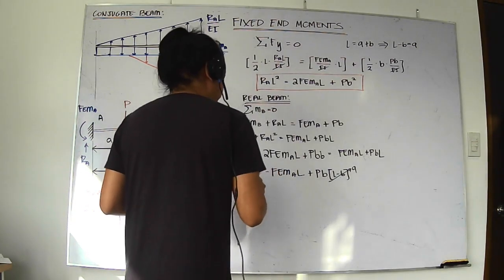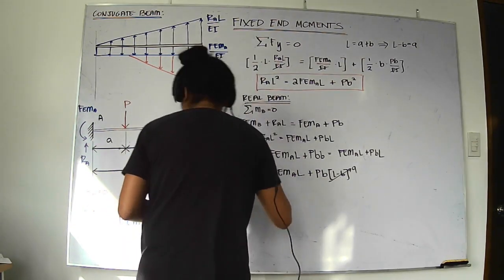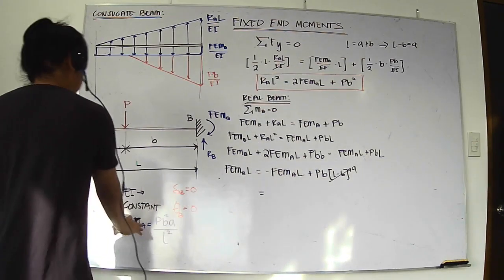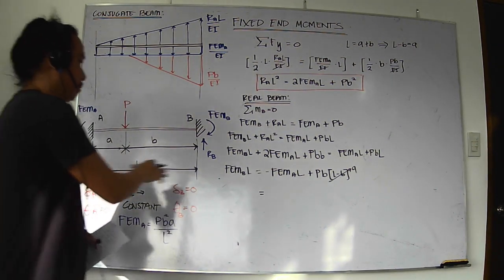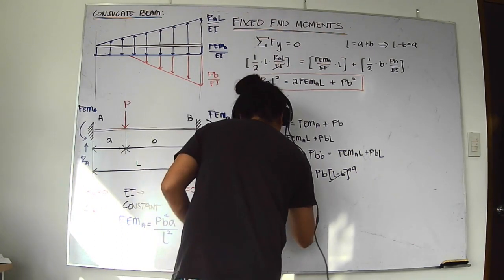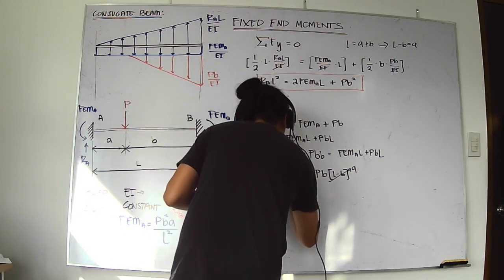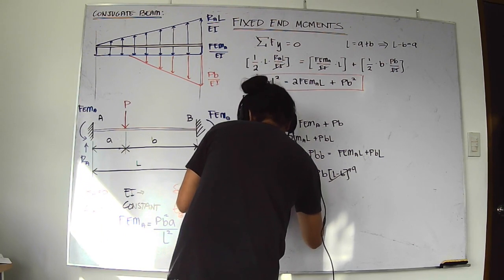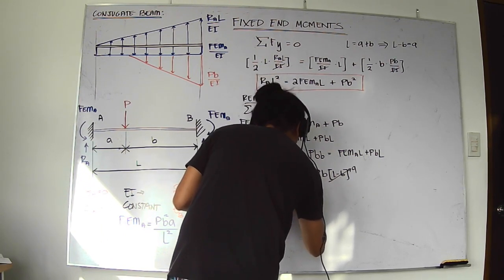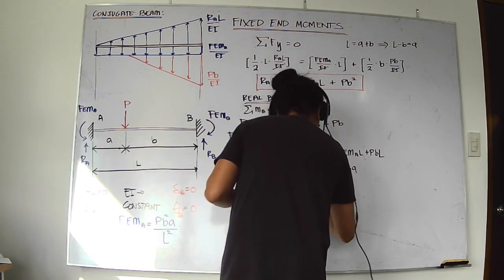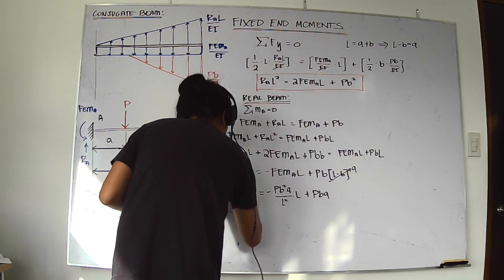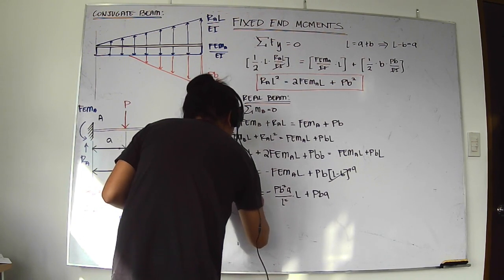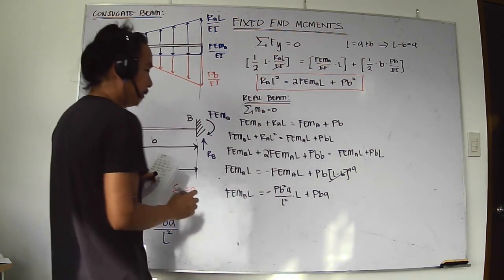Ano na siya. So, sa nga na case din dire, we already know that FEMAL is equal to kani, ba? So, this is negative times sa PB squared A, L squared times L plus PBA, FMBL na siya yung anak dayon.